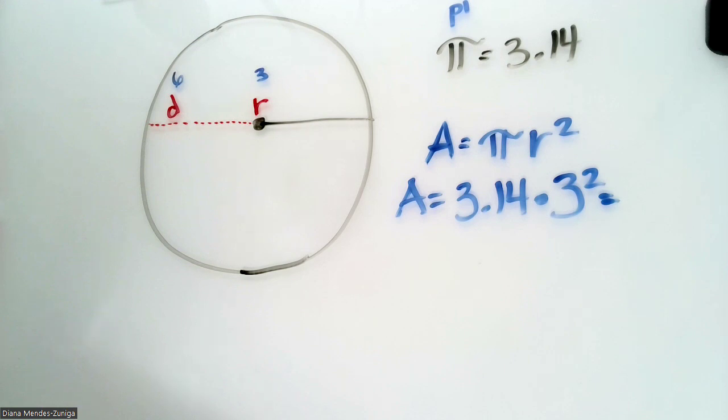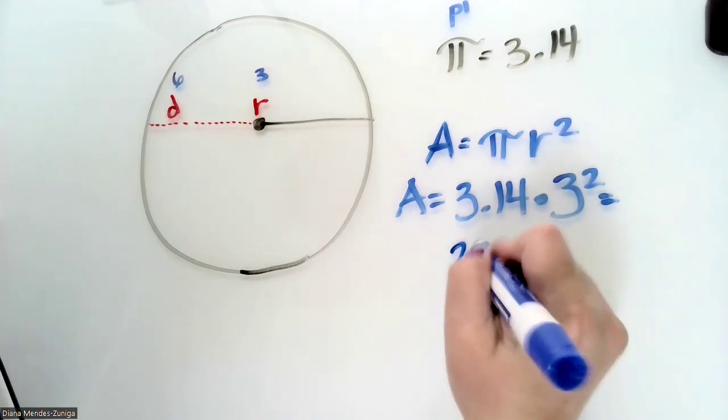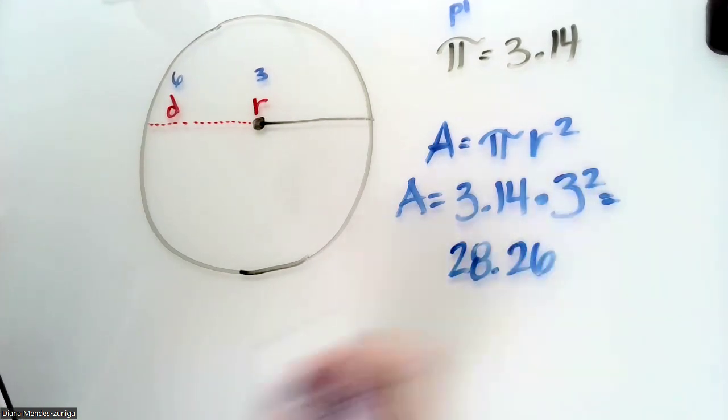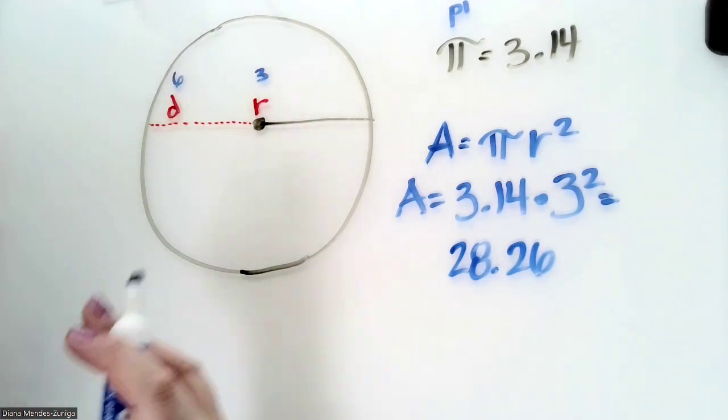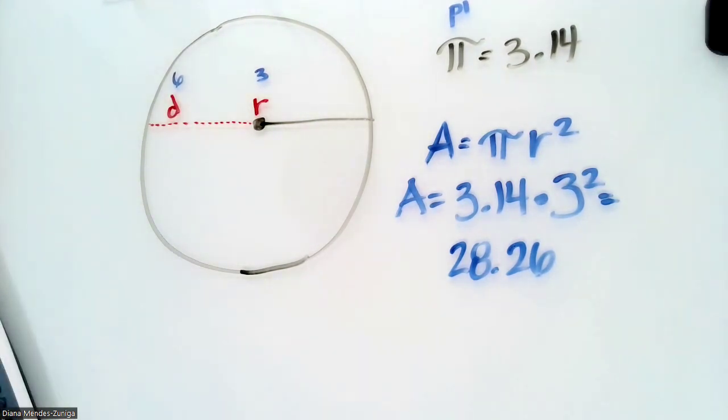You are on a time crunch and you want to make sure that you use your time wisely. So we're going to put this in as 3.14 times 3 squared, and we end up with 28.26. So the area of this circle is 28.26 in centimeters, inches, feet, whatever it is on that specific problem.